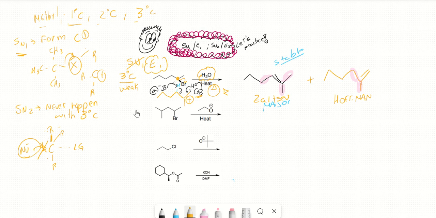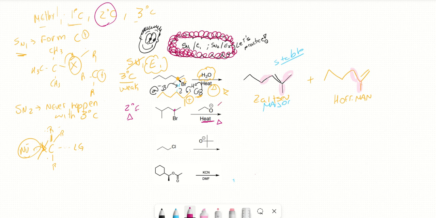For the second one, we have heat as well, and here we have a secondary carbon. We have heat, so we know that will provide elimination. Up to now, a secondary carbon could be SN2 or SN1 because it is good for both, right? But now I have heat, so it will be elimination.